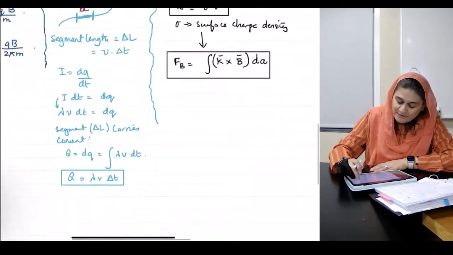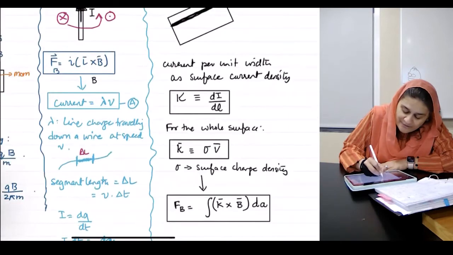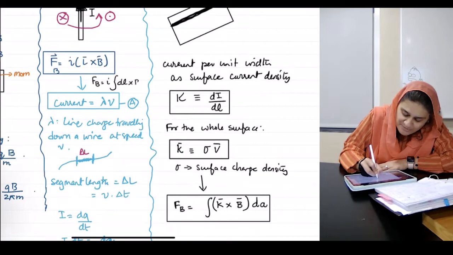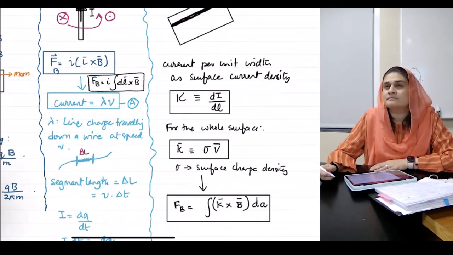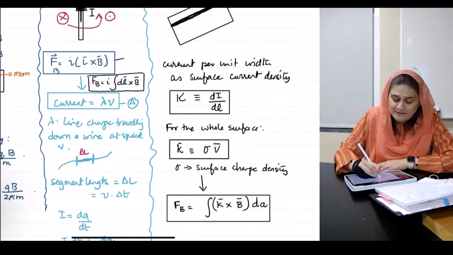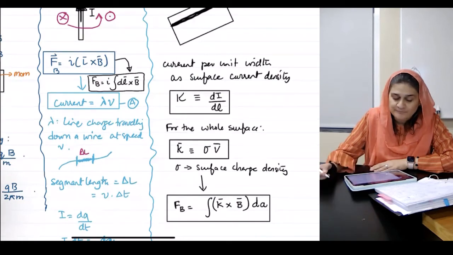Actually, I should have written here that in the integral form, FB is I integration DL cross B. Make sure to add the integral form.